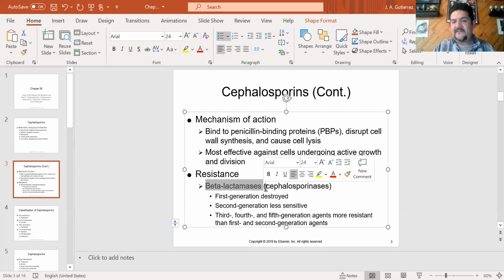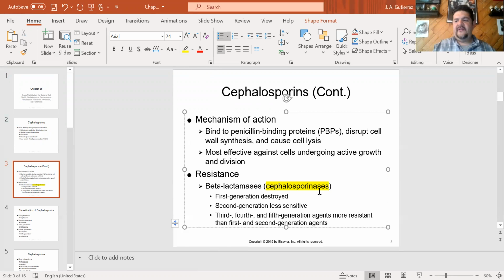And in this case, because we're talking about cephalosporins, the beta lactamases in this group are gonna be called cephalosporinases. Why? Because the enzymes are attacking cephalosporins.